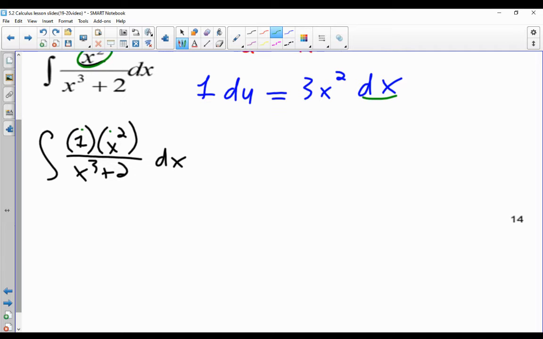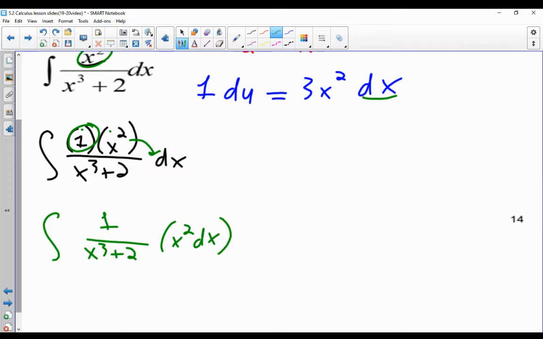But now here's what's going to happen. I'm going to keep the 1 on top of the fraction. And then the x squared, I will move it. But I won't move it to the front. I'm actually going to move it over to the side. So it becomes x squared multiplied by dx.